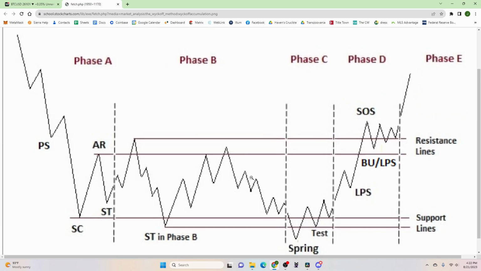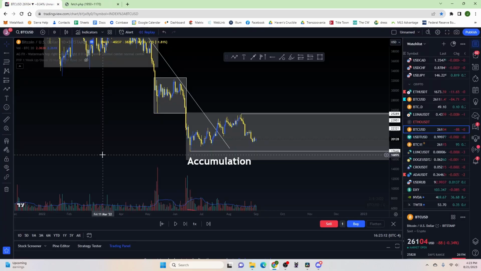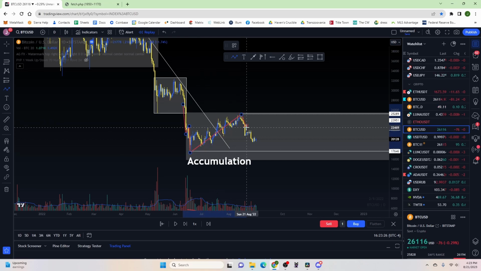Before I do that, I've taken apart some of the chart here so that you can keep an eye out for what to look for. I don't particularly care for when YouTubers go, okay, here's your PS, here's your SC, and then here's your AR.